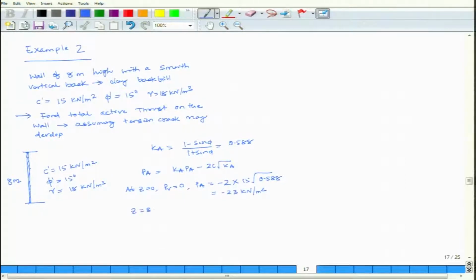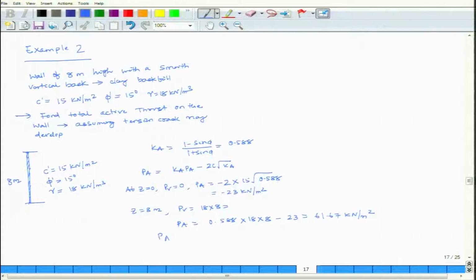At Z is equal to 8 meter, Pv is equal to gamma into Z, 18 into 8, and Pa is equal to 0.588 into 18 into 8 minus 23, which is equal to 61.67 kilonewton per meter square.